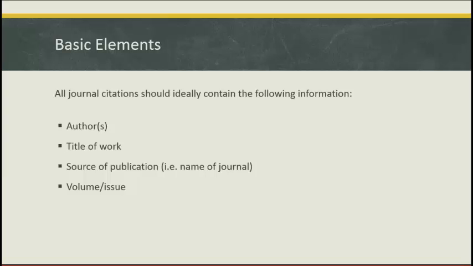Let's say a journal is published 4 times a year, then the issue number would be 1, 2, 3, or 4. So let's say the second year the journal is published, and let's say the 4th quarterly publication of that year, the volume number would be 2 and the issue number would be 4.